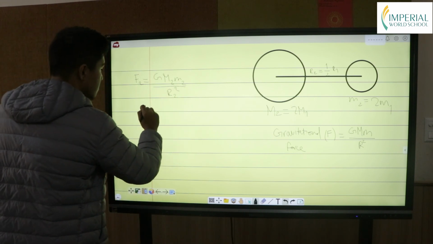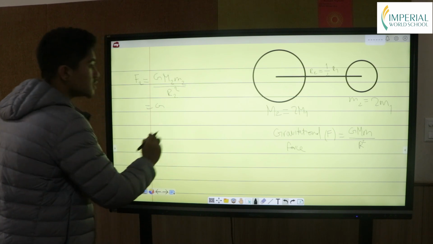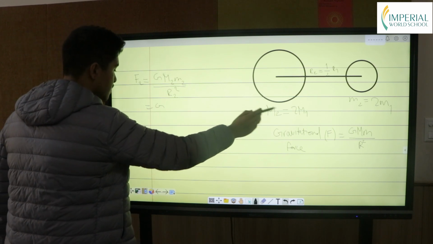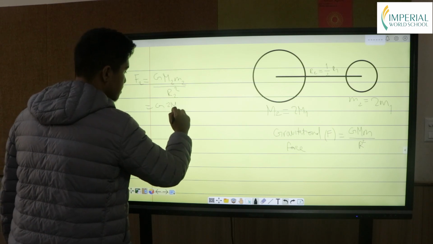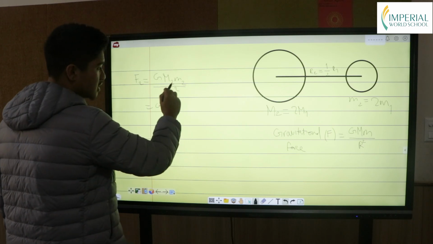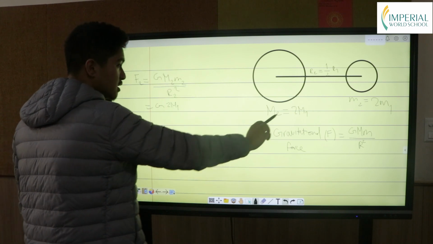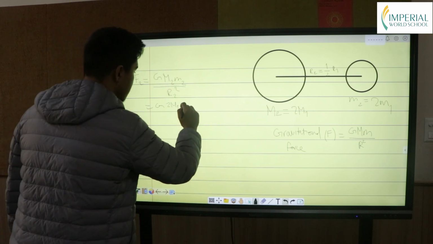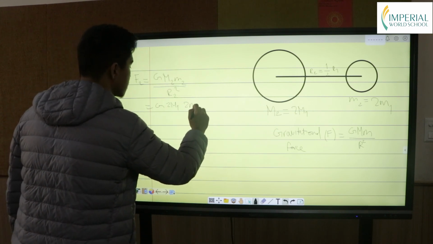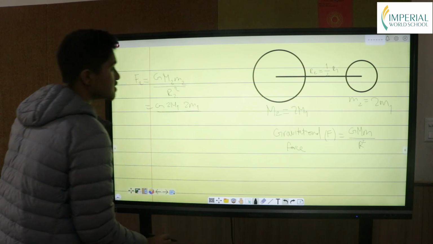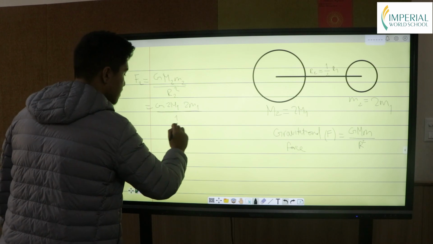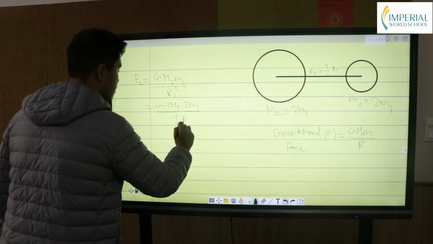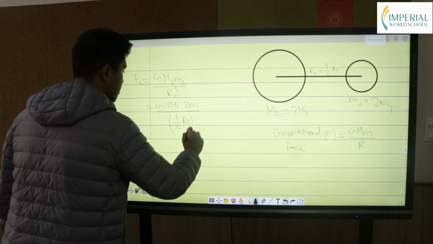Now we can write M2 as twice M1, as we have doubled the mass, and we can write small m2 as twice small m1. Since R2 is half of R1, we can write this as 1 by 2 times R1 whole square.